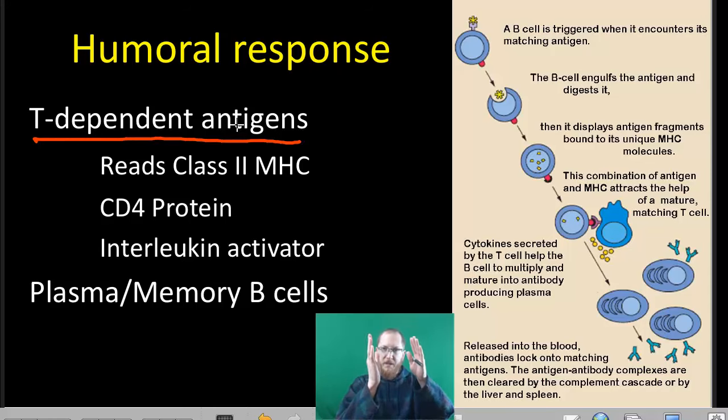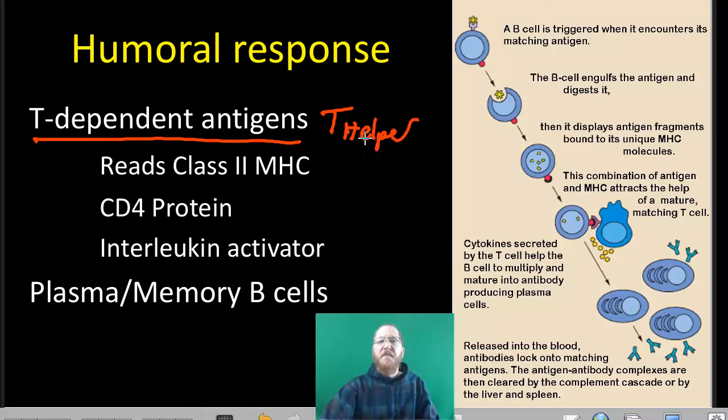Either it does it because the T helper cell found it first, or the T helper cell found that the cell-mediated response already was there, so it kind of saw this cytotoxic T cell, used that and got activated, and then went over. So this one's going to rely upon us getting these T helper cells able to be activated first, and then they will go through and they will activate our B cells.